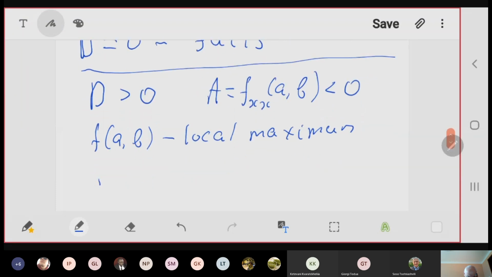If A is positive, it means that f(a, b) is a point of local minimum.